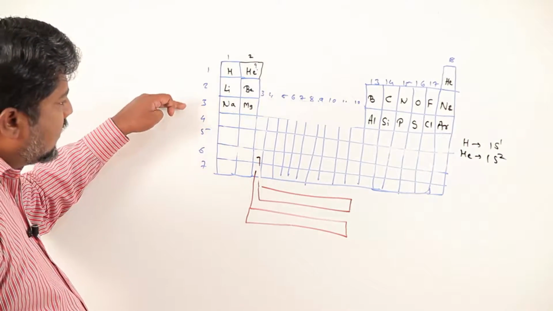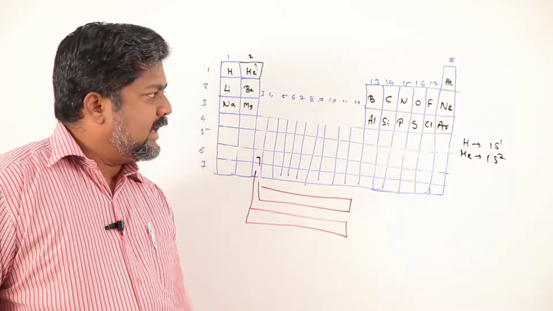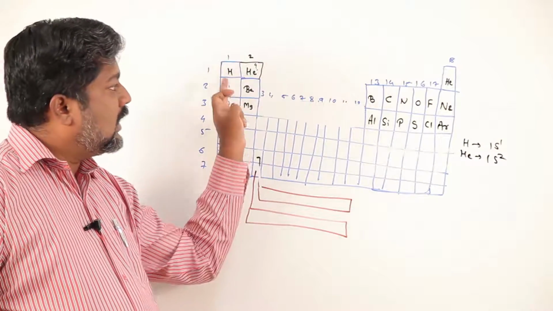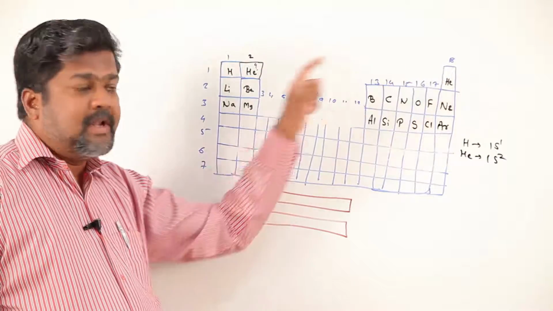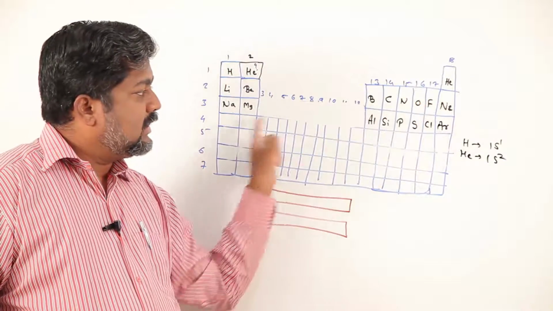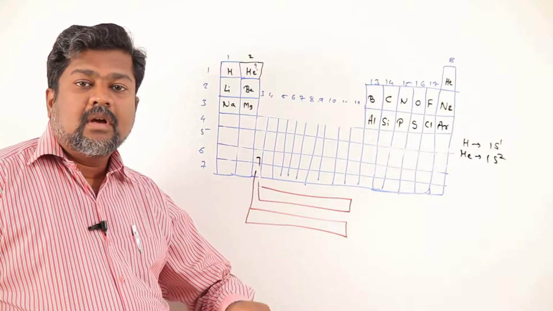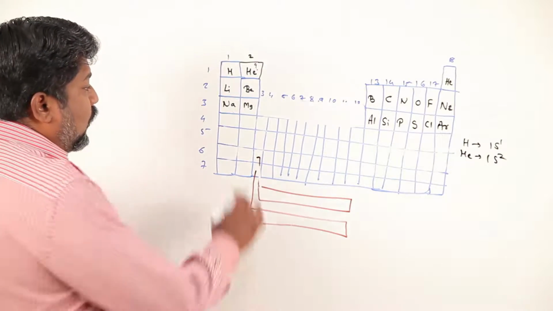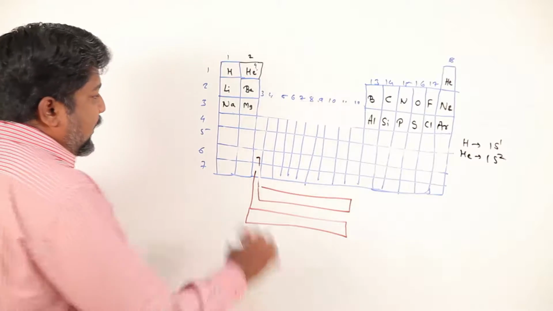So the second and third periods have 8 elements. The first period has only 2 elements, the second and third periods have 8 elements. Now the fourth period has 18 elements.